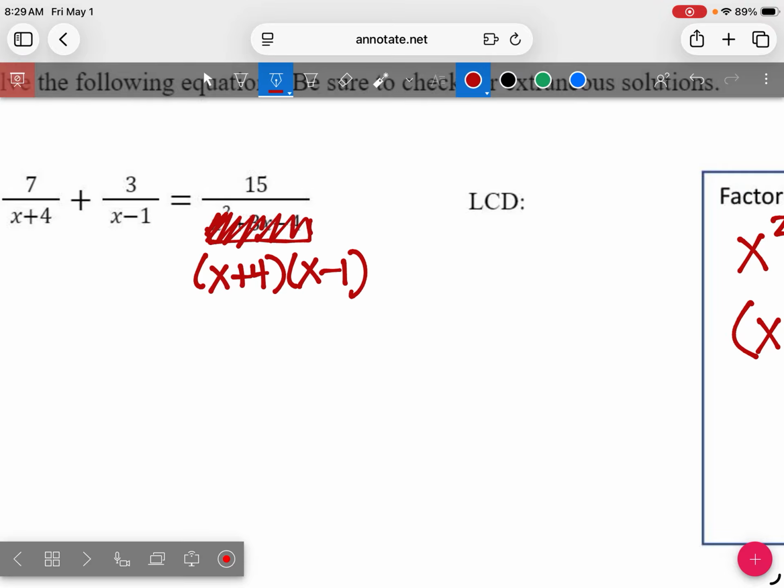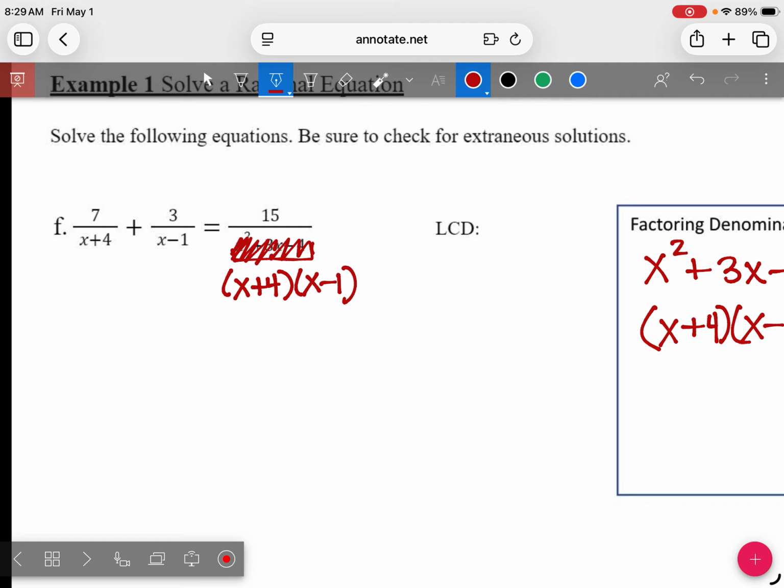Now, 99.99% of the time, notice that it factored down to what the other 2 already had. And that's what you're going to see. We're not trying to make it complicated where you have 4 factors for your LCD. So my LCD is x plus 4 and x minus 1. Let's multiply everything by that.